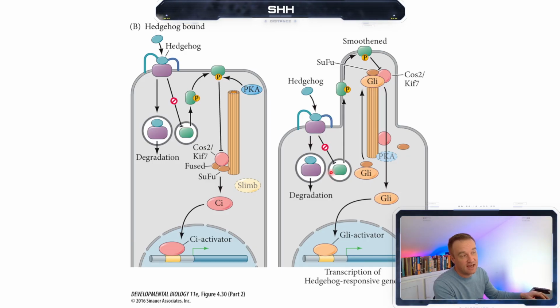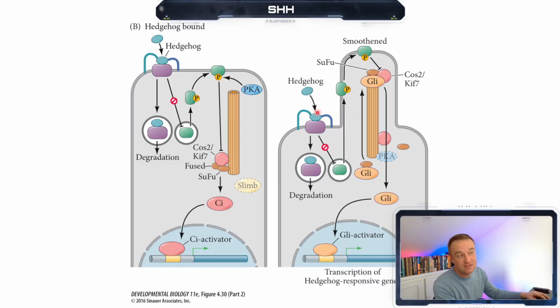So Smoothened then will get phosphorylated, and it will come up and interact with this microtubule network and stop it. Remember, if this microtubule network was not repressed by Sonic Hedgehog through that cascade, if this binding doesn't happen and Smoothened gets blocked by Patched, then this cuts GLI in half and it acts as a repressor.